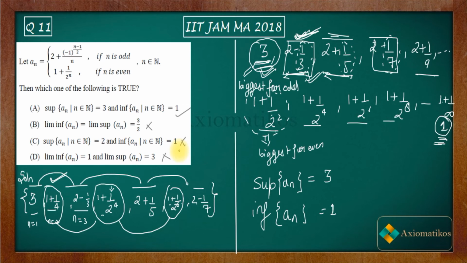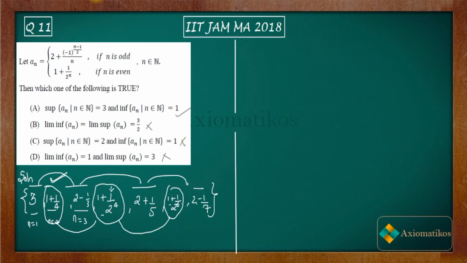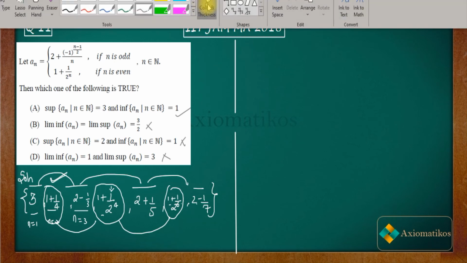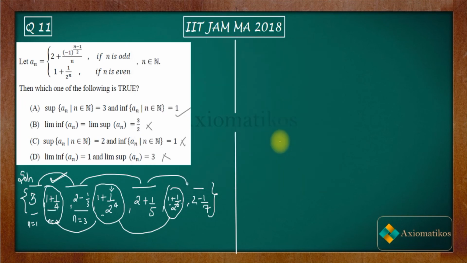All right, so now let me erase this part. Now see, we have to find out limit inferior and limit superior. So I will tell you a note, and that's a very important note that will be used here in order to determine limit superior and limit inferior. So what is that note? It says that let us say we have a sequence an, and an is a bounded sequence.